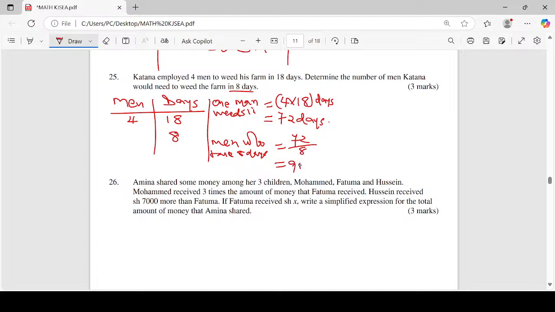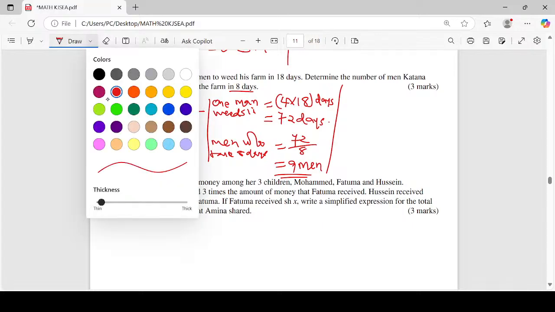So we have 9 men as the answer. 9 men will do the work in 8 days. Method 2. Let me show you method 2.